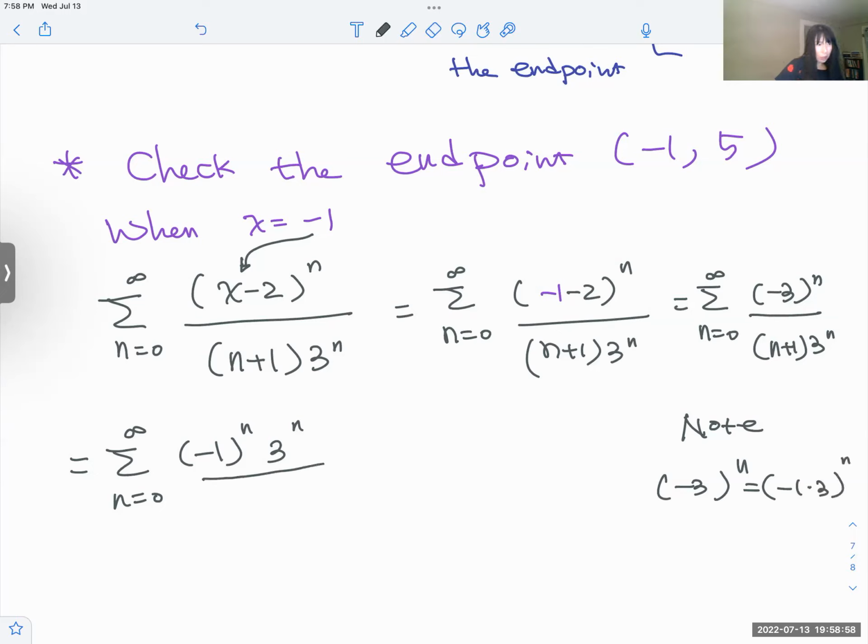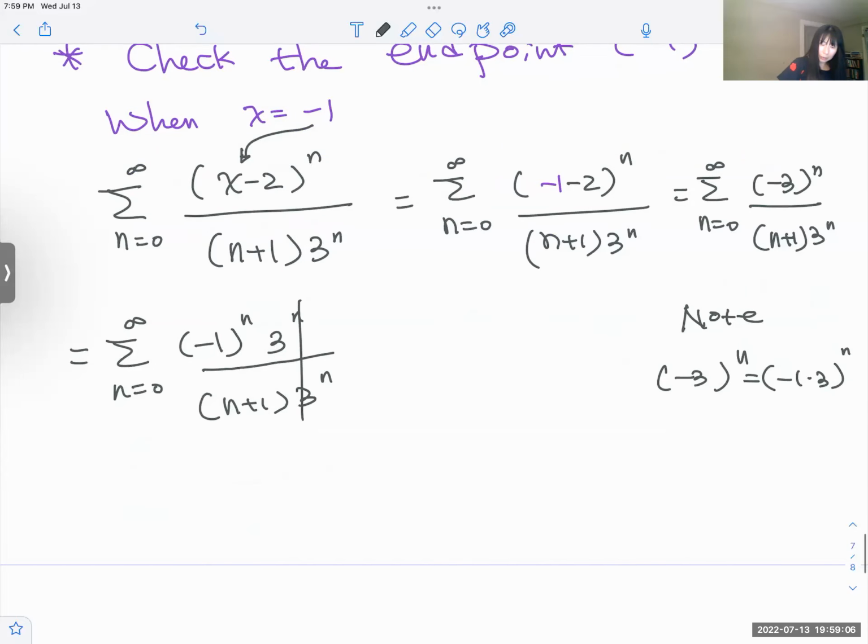Now over, we have (n plus 1) times 3 to the n power, right? So we can simplify. Then what we have is (-1) to the n over n plus 1.